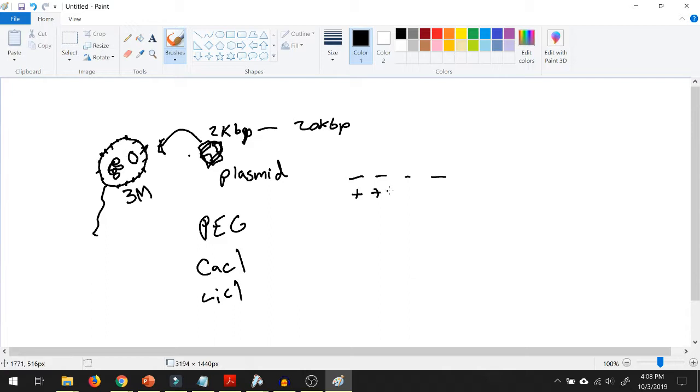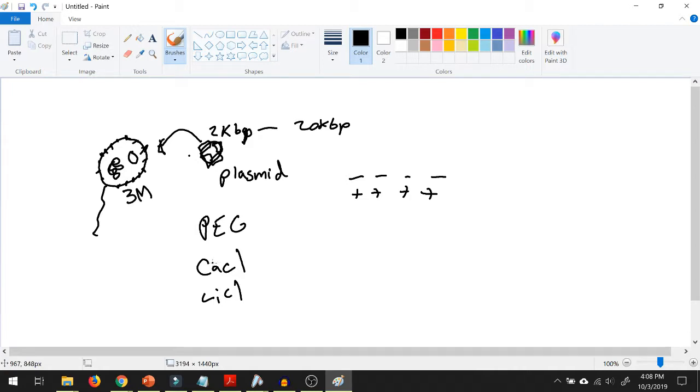And so the positively charged cations, calcium, lithium, help neutralize the charge of DNA so it becomes more inert, and that makes it easier for it to travel through membranes and things like that, right? So generally, those are the two big parts of the transformation, PEG and calcium chloride.